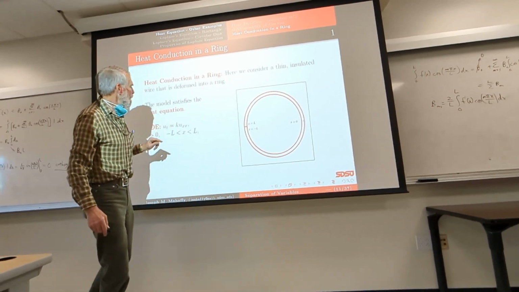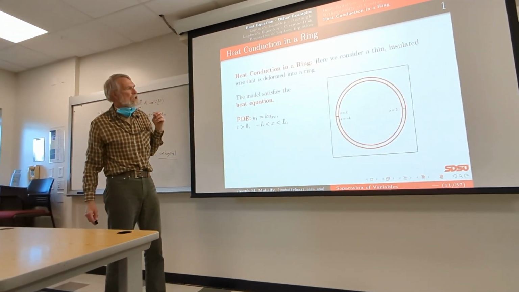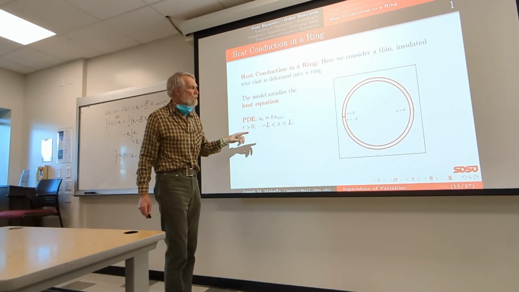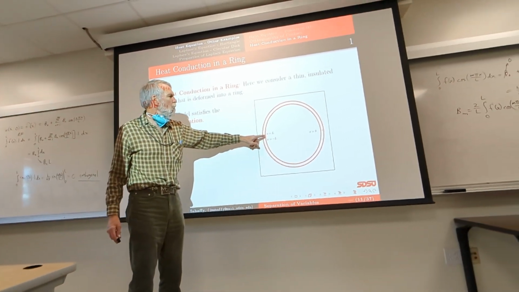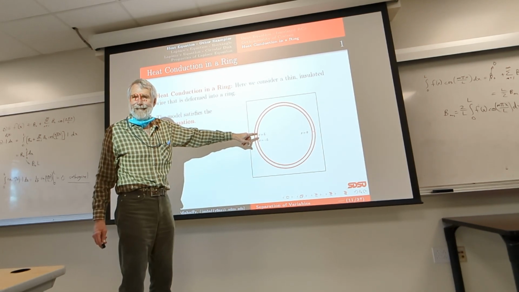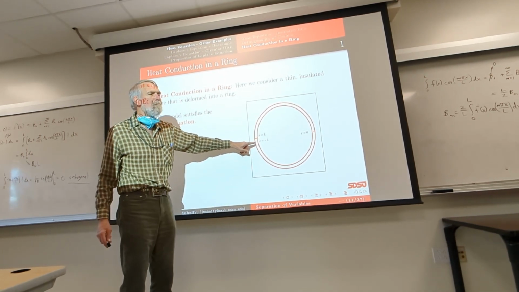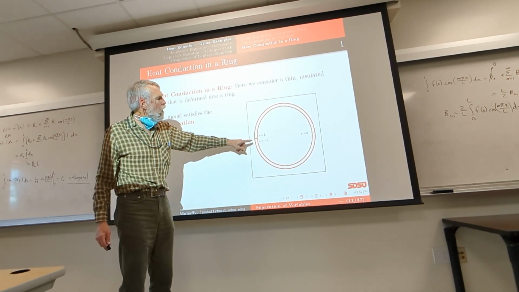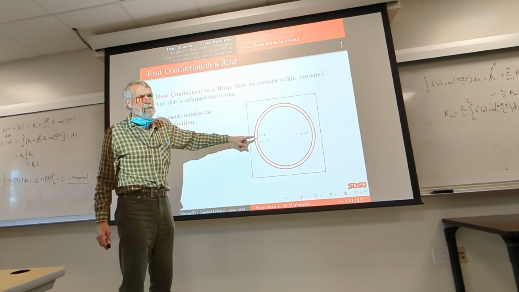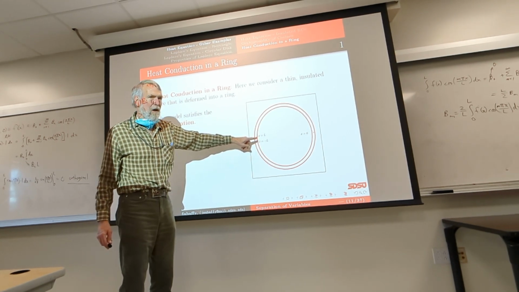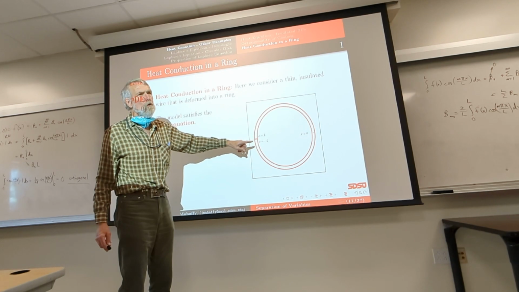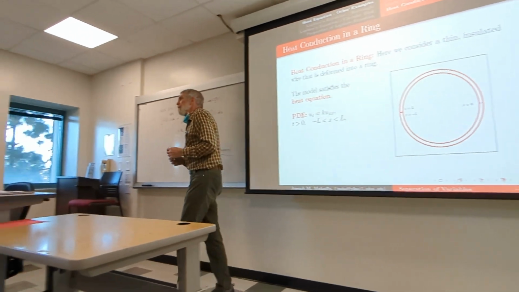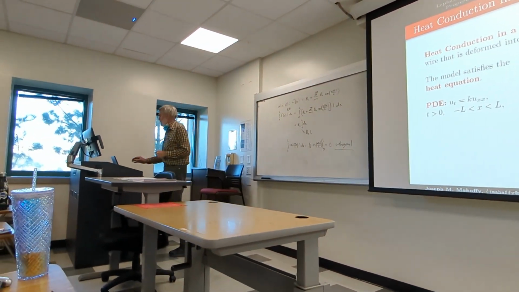All right? So on this particular one, now we see what our boundary conditions are. Our boundary conditions are going to be that U at L for all time t is the same as U at minus L for all time t, right? And the partial of U with respect to x at L is going to be equal to the partial of U with respect to x at minus L. So now we're going to have those boundary conditions.